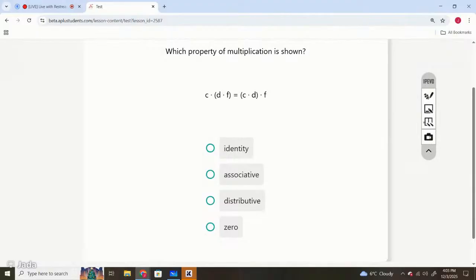C times D times F is equal to C times D times F. So on both sides the numbers are the same, just the grouping is different, right? So that means that is the associative property of multiplication. Associative property it is.